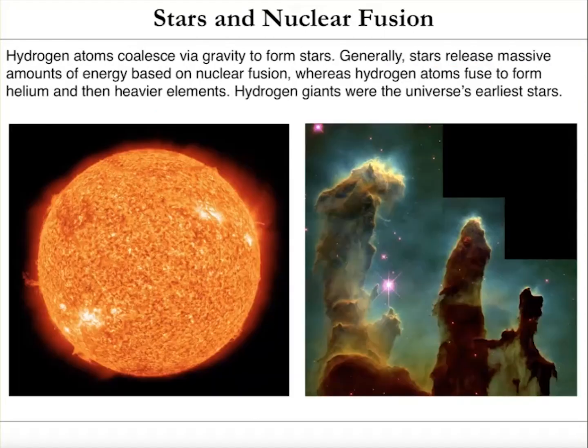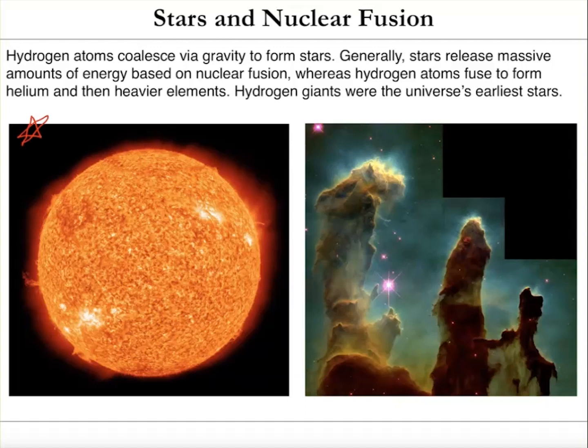Stars are basically where hydrogen atoms and other atoms coalesce via gravity to form giant stars. These hydrogen atoms come together based on gravity, and they release massive amounts of energy through nuclear fusion.